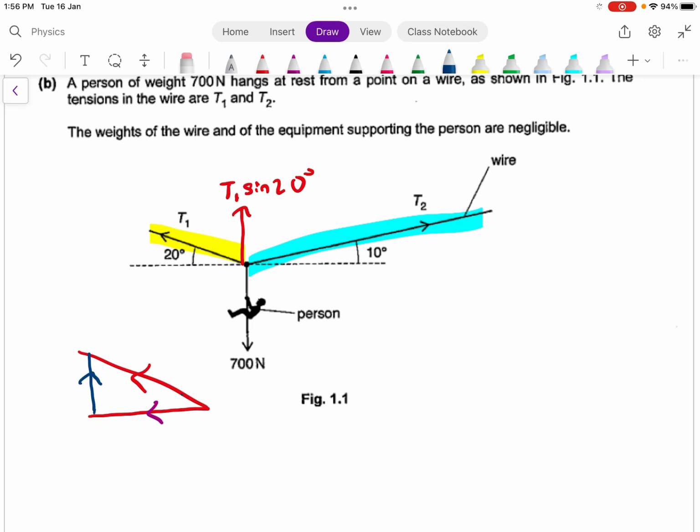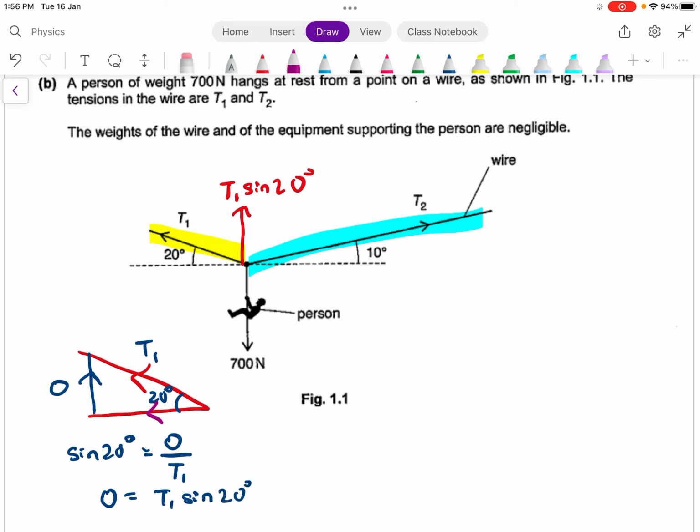The vertical component is your opposite, and T1 is your hypotenuse, so you want the sine. Sine 20 is equal to opposite over hypotenuse. So the opposite, in terms of T1 and sine, is T1 sine 20. That's it.